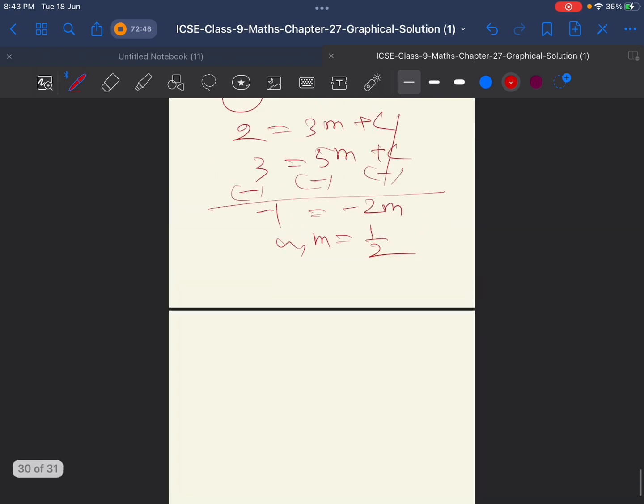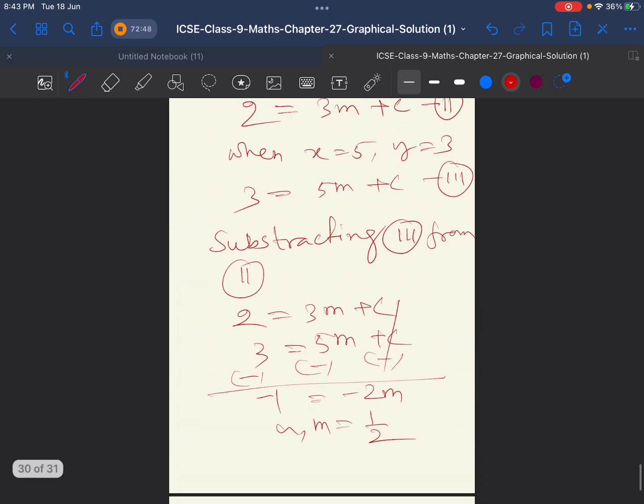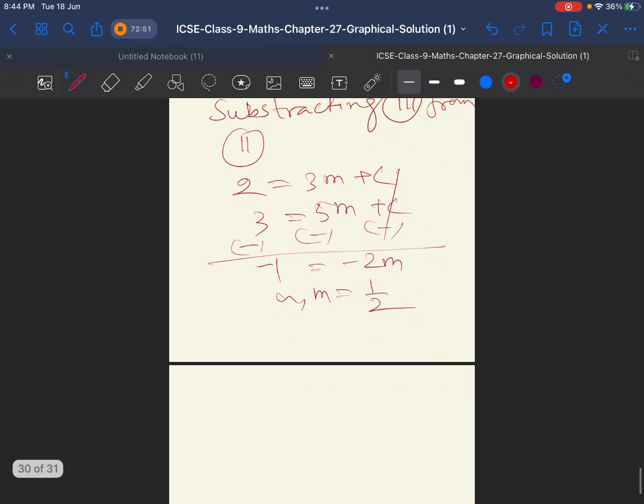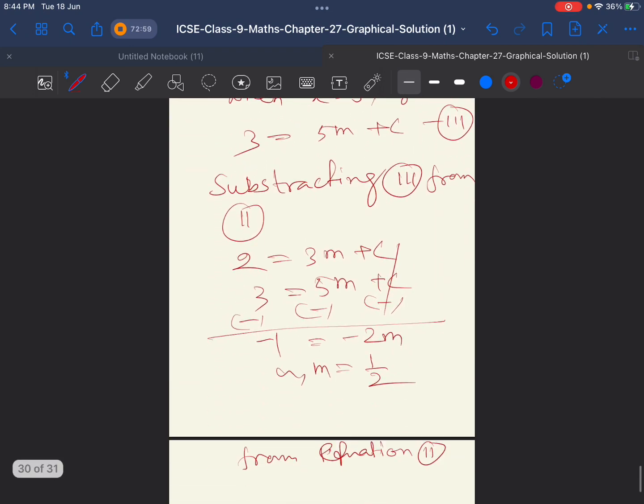So minus 1 equals minus 2m, or m equals 1 by 2. Now put m equals 1 by 2 in the equation 2.